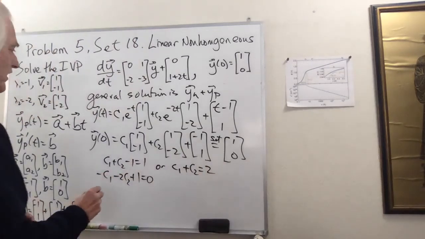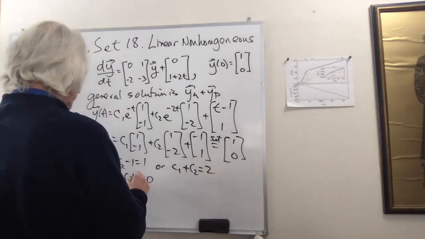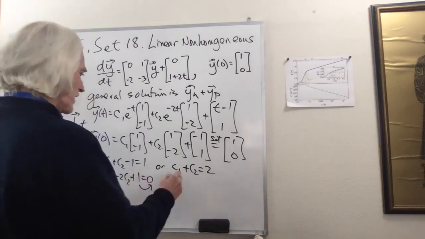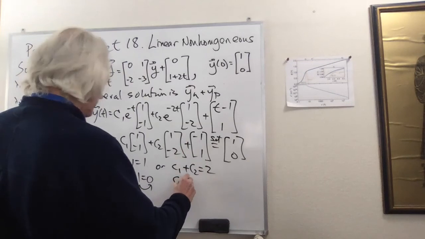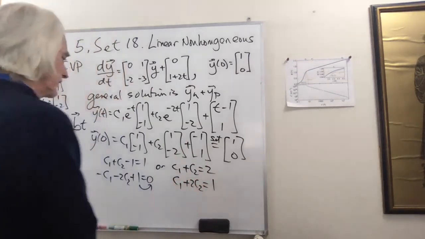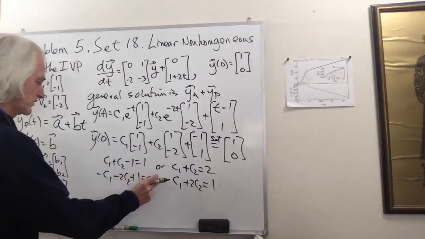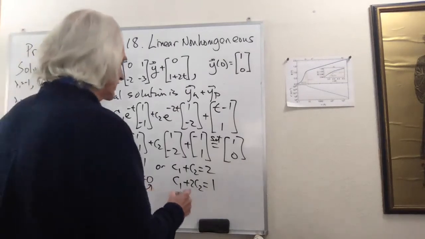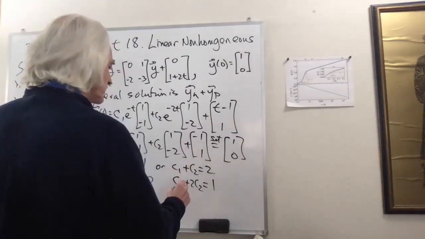And here, I'm going to pull this to the other side and multiply through by -1 and get C1 plus 2C2 is equal to 1. Did I do that right? That became a -1 when I pulled it over, but then I multiplied through by -1. All right, good.